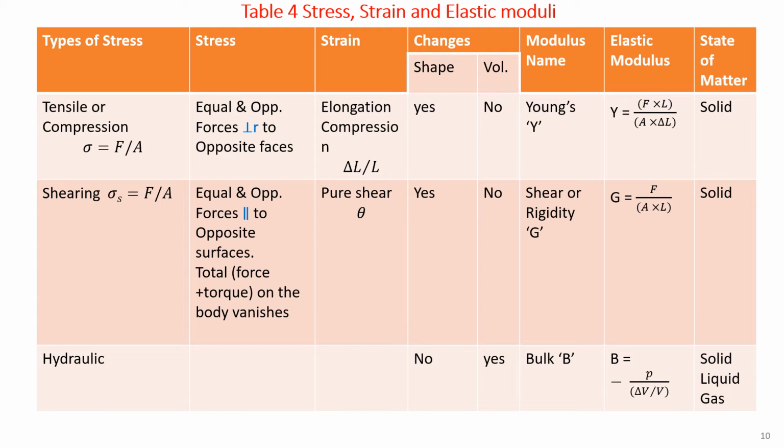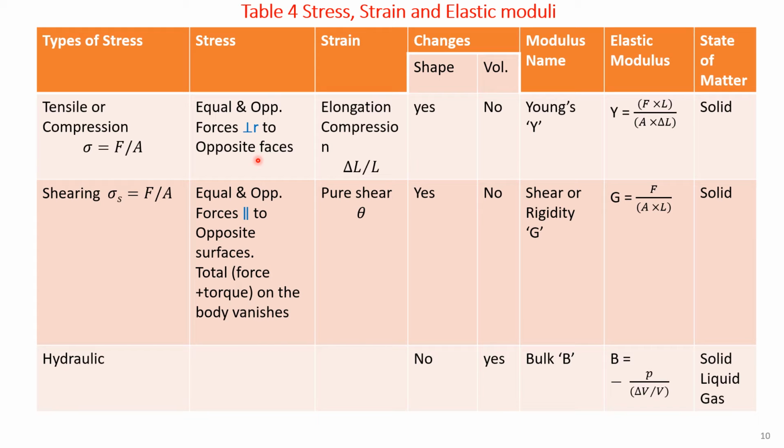Table 4 shows the various types of stress, strain, elastic moduli and the applicable state of matter at a glance. Column 1 shows the typical stress, that is tensile or compression or shearing or hydraulic. In tensile or compression stress, the force is equal and opposite and perpendicular to the opposite faces.